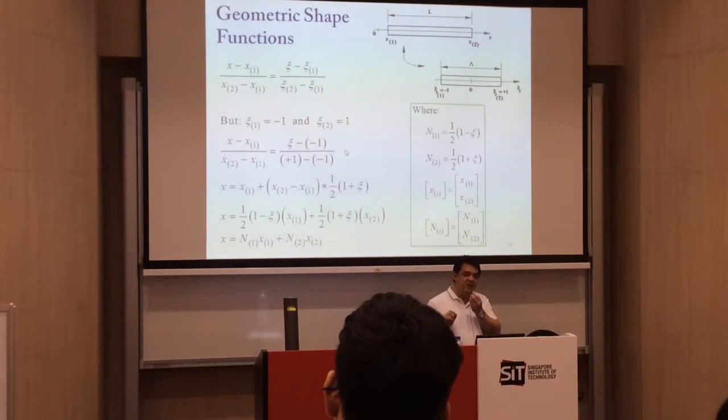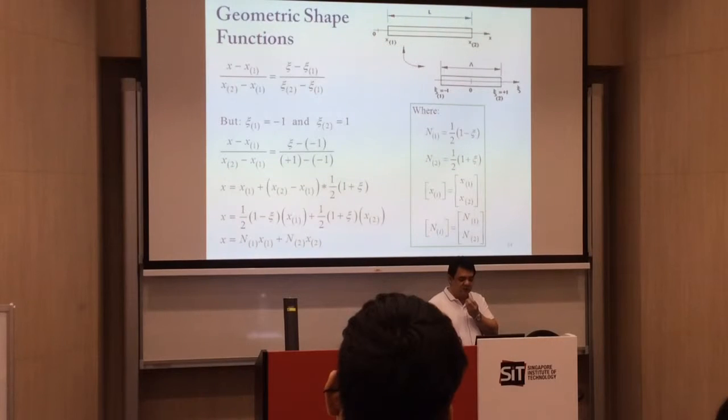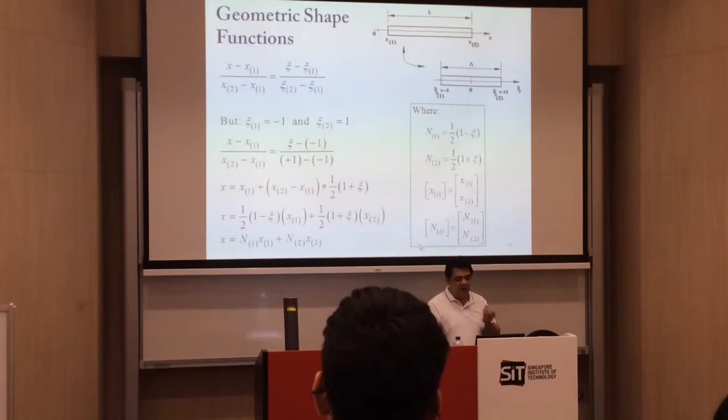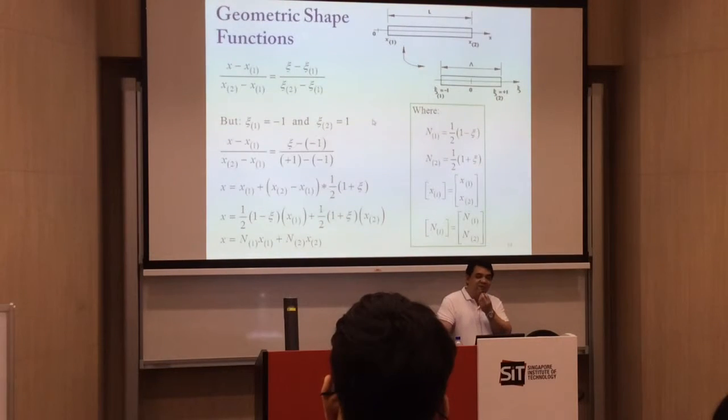Now, to be able to get the value of your stiffness matrix, we want a symbolic form to be able to calculate the value. So we have the so-called mapping from your x1, x2 plane to your ξ plane.